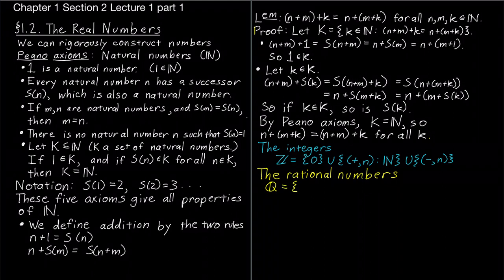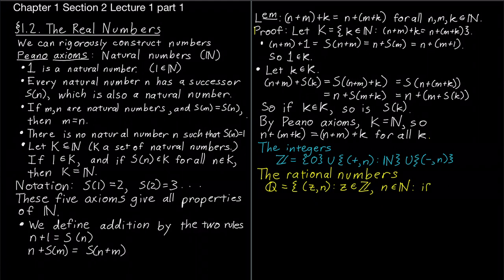You're going to write them as the set of all ordered pairs. Ordered pair is sort of the only real new concept we need to get from the natural numbers to the integers and rationals. So we're going to say this is the set of all integers divided by natural numbers such that they're relatively prime.